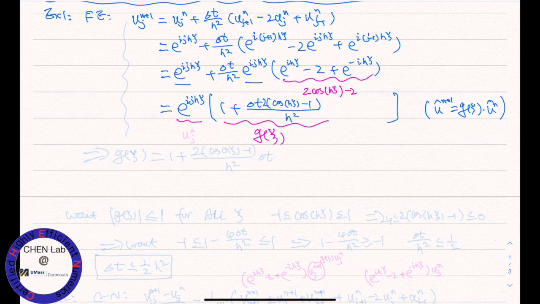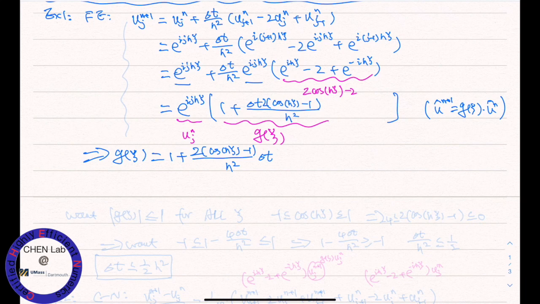This is just our u_j^n, the time level n at x_j. So this means the G c, the amplification factor for the forward Euler, is simply 1 plus 2 cosine h c minus 1 divided by h squared, times delta t.